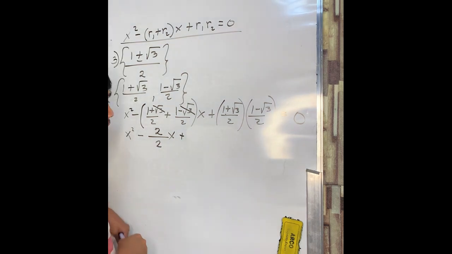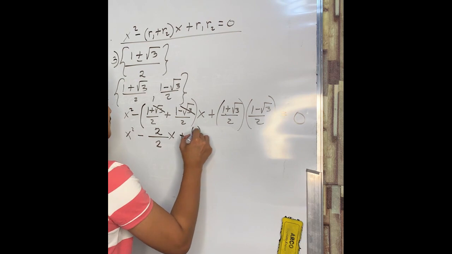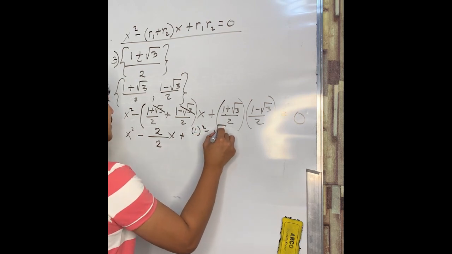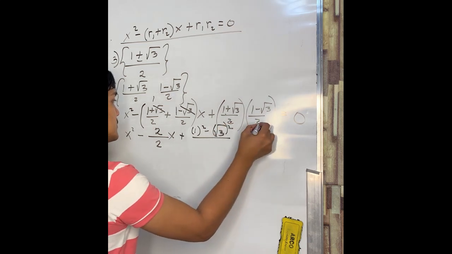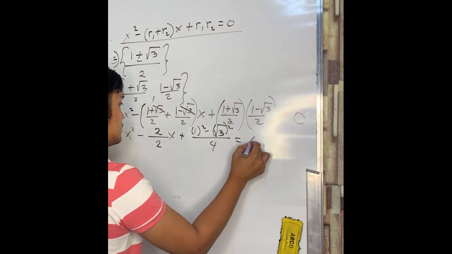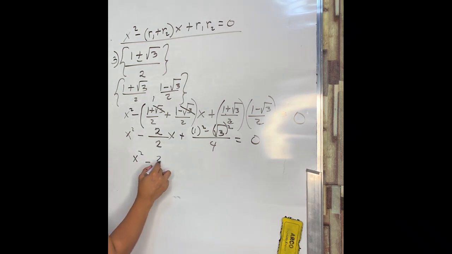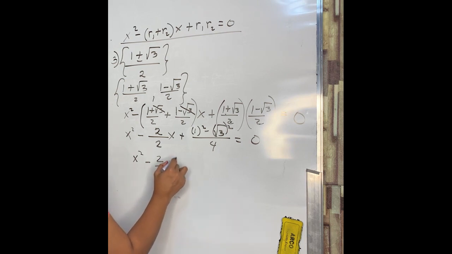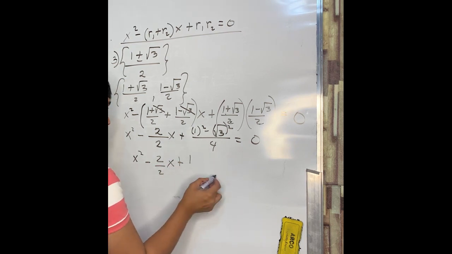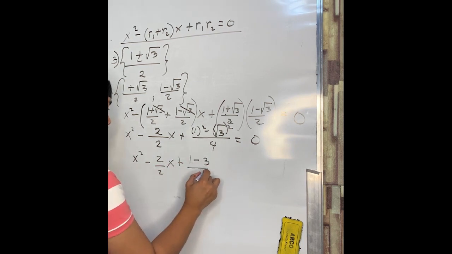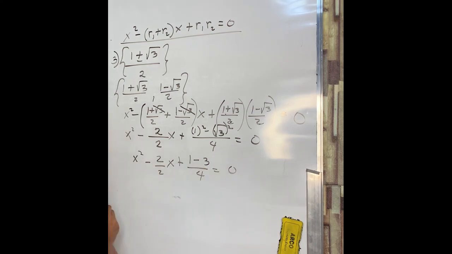Since we have the product of sum and difference of two terms, we will just get the square of 1 minus the square root of 3, all over 2 times 2, you will get 4 equal to 0. Continue, let's have x squared minus 2 over 2x plus 1 minus 3 all over 4 is equal to 0.